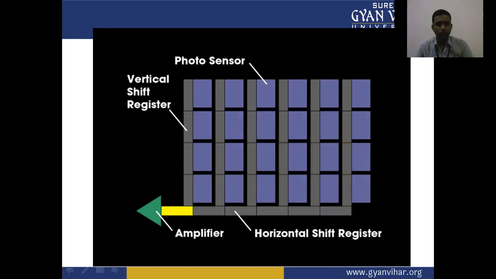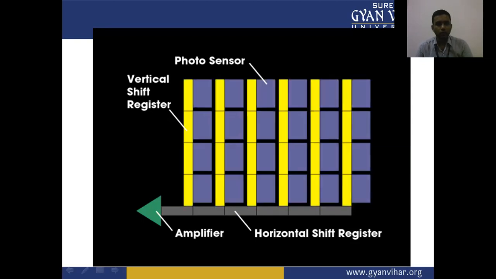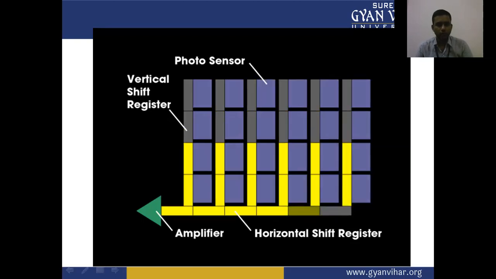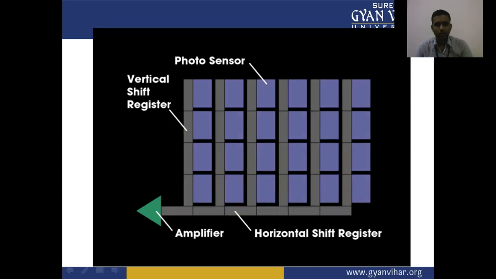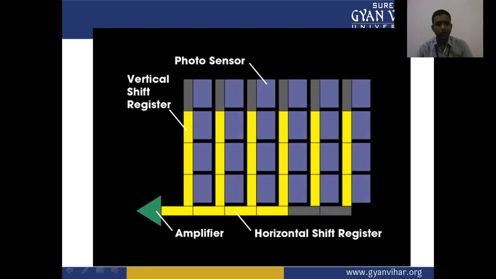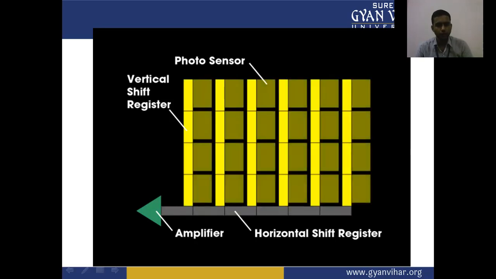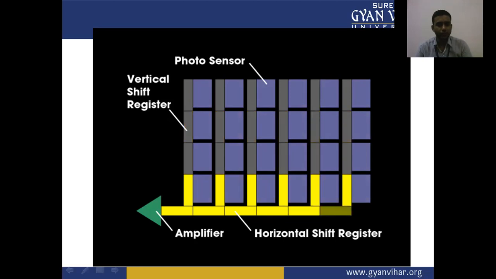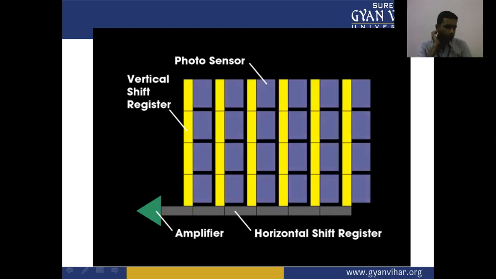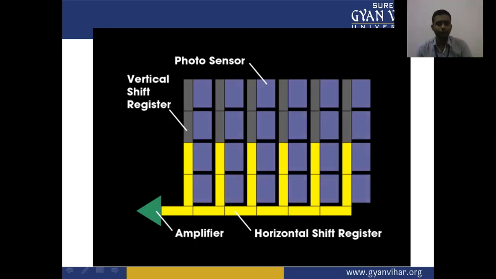The photosensors are connected with the vertical shift registers, and all the vertical shift registers shown here are connected with the horizontal shift register, and the complete output of the shift register is given to the amplifier. The amplifier will produce the electrical signal, so this image is converted into the electrical signal.